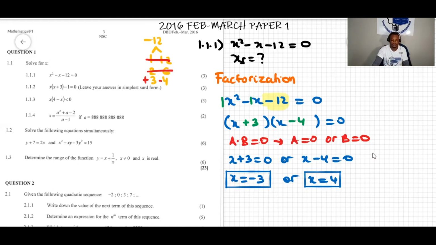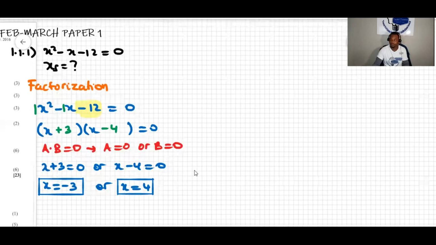Now that we solved by factorization, we can solve the same problem by using the quadratic formula. Quadratic formula. Okay.